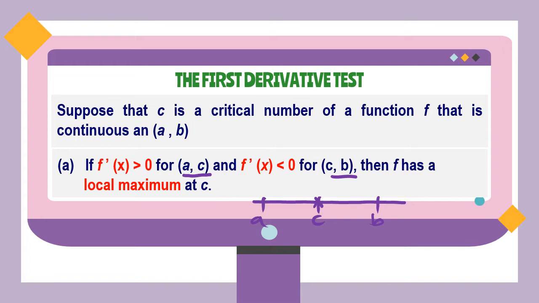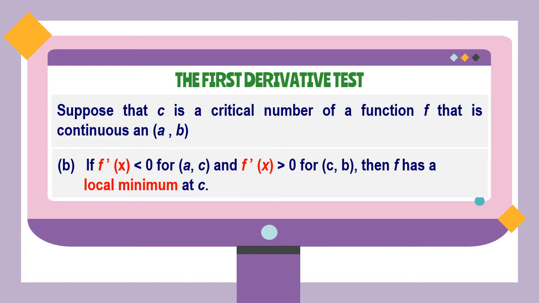And then if we found out that from a to c the f prime x is positive, more than 0, and then from c to b the f prime x is negative, then it will be going up, going down. So what is c? C is the peak of this, right? So it's a maximum point, local maximum.